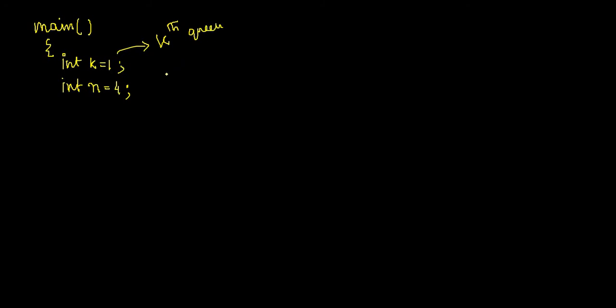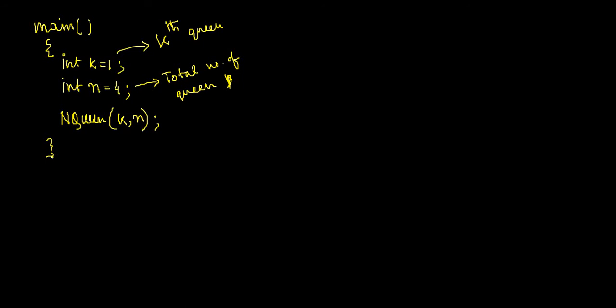Since the king will try to place the first queen at the beginning, that's why I have kept k equal to 1. And n is representing the total number of queens the king has to place. Here I will call a function, the function name with arguments k comma n. That is, I have a total of n queens to be placed, and the first queen is the one I am trying to place. That's the logic.